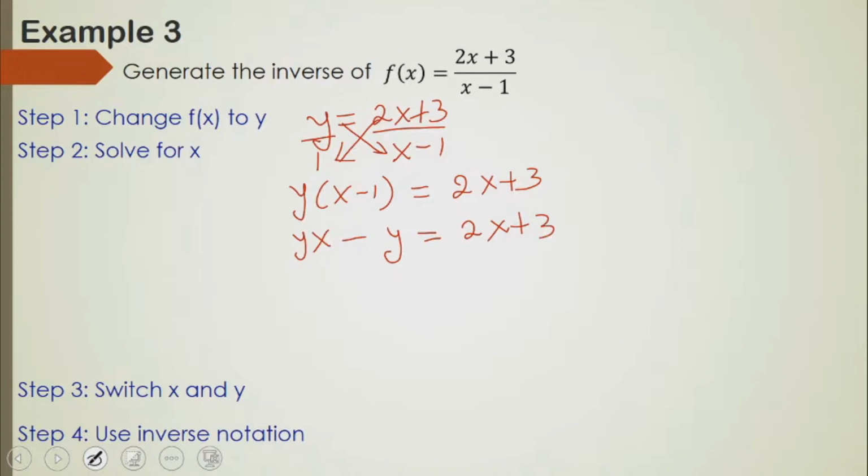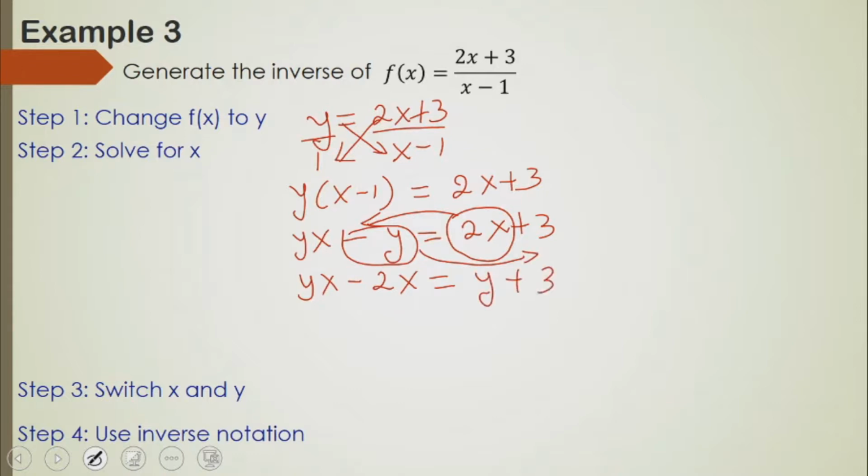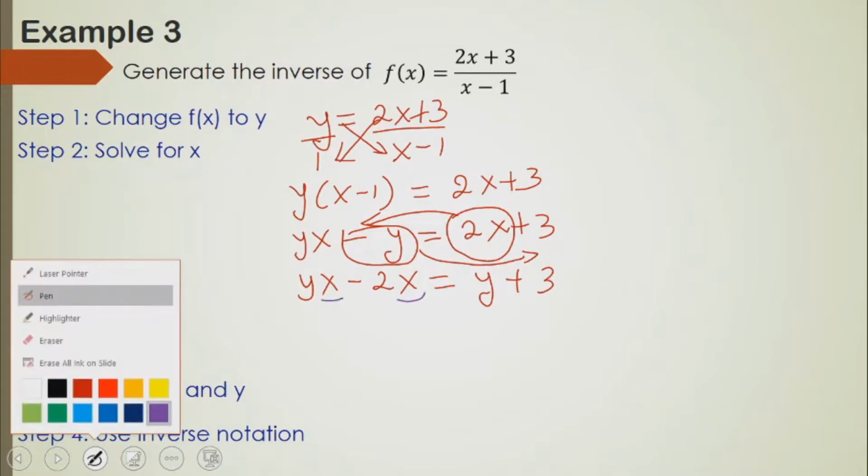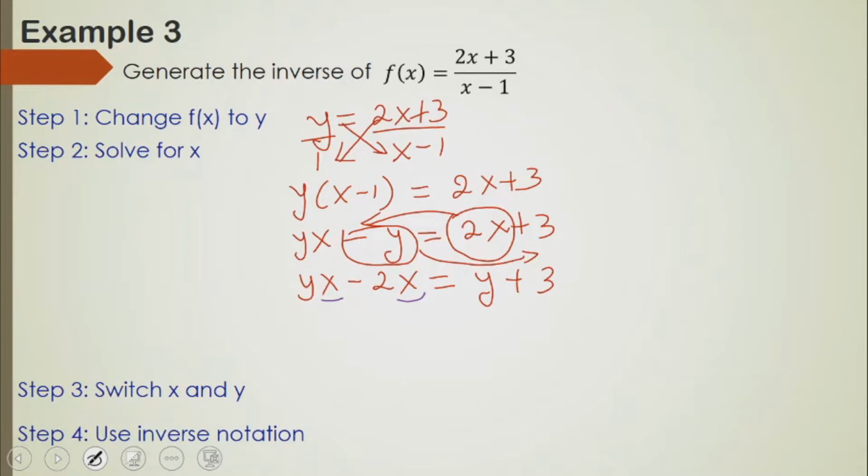We need to move everything with x to the left and everything without x to the right. So this will become yx. So this 2x, if we move it to the left, it will become negative 2x equals, and this negative y, if we move it to the right, it will become a positive y. So this will become y plus 3, okay? We have this x and x, so we can actually factor out our x.